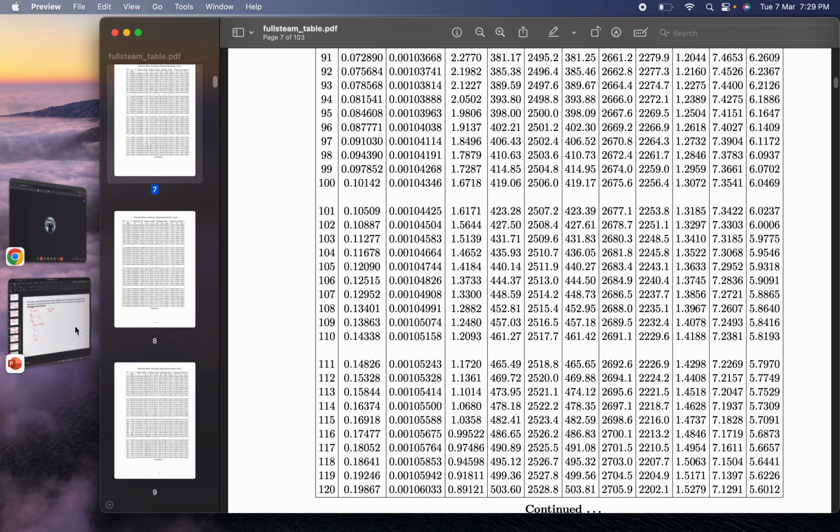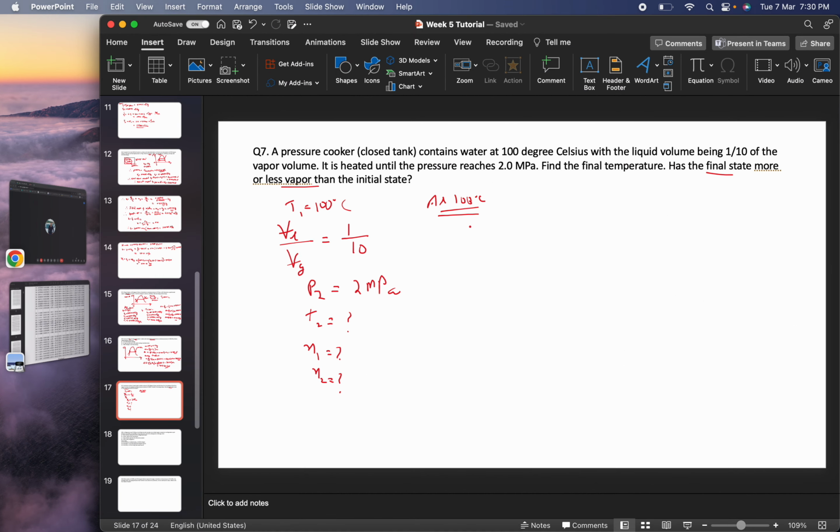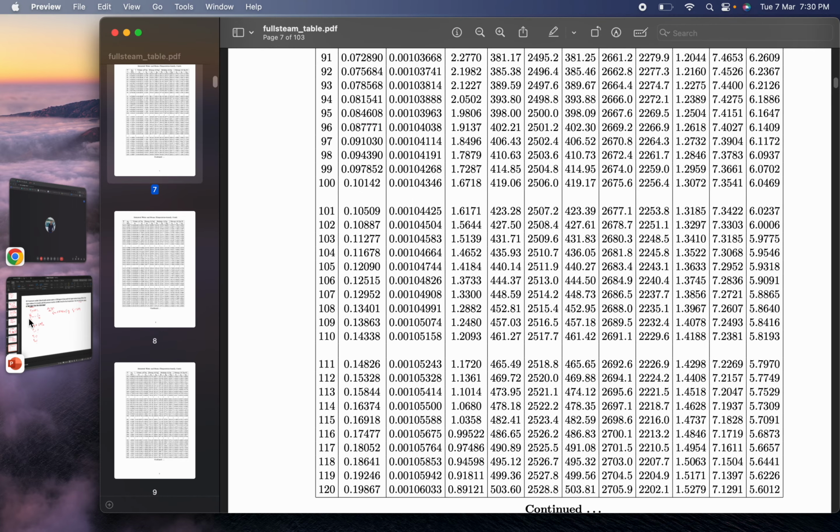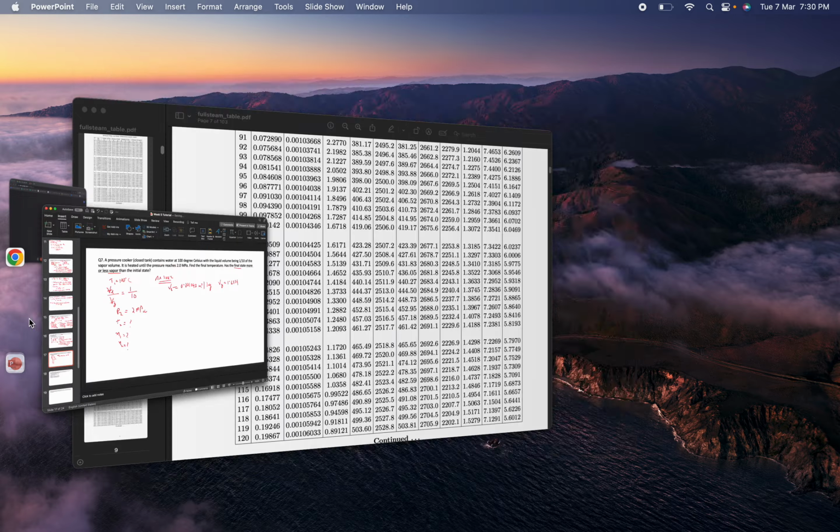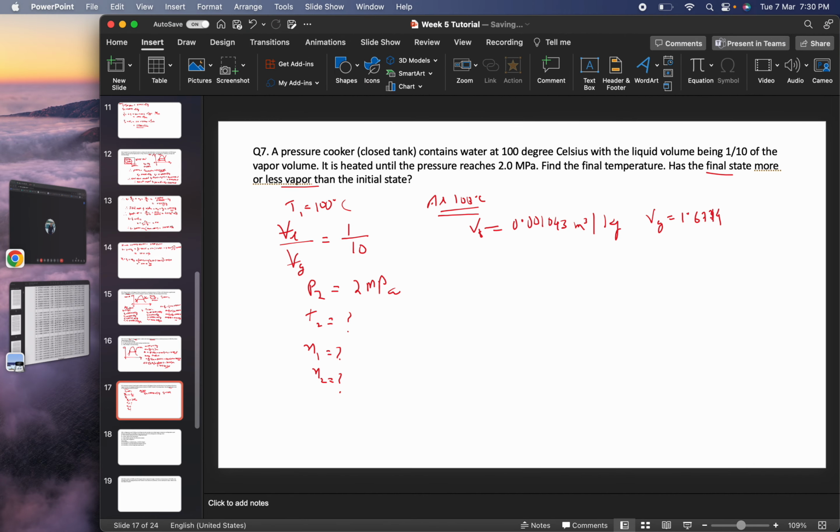Yes, so at 100 degrees Celsius your Vf is 0.001043 meter cube per kg, and your Vg is 1.6718 meter cube per kg.